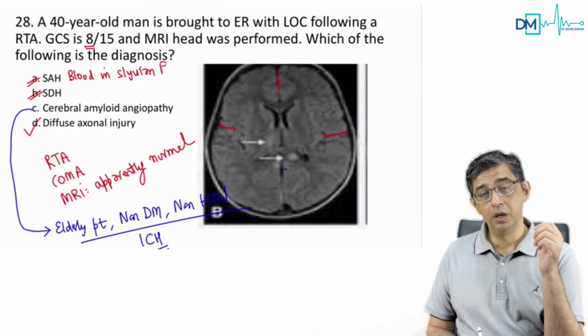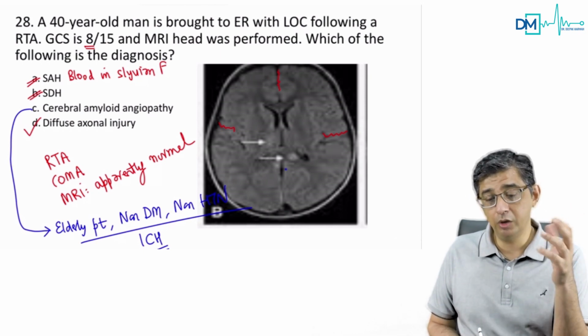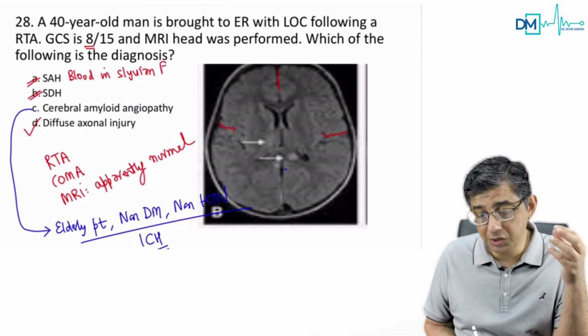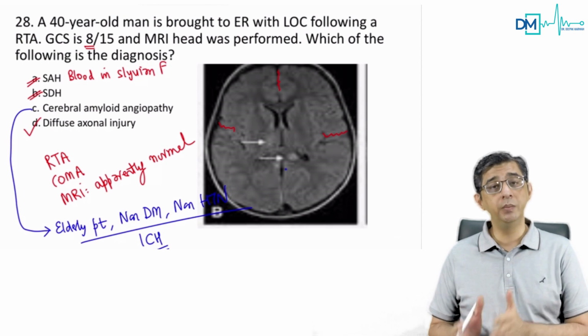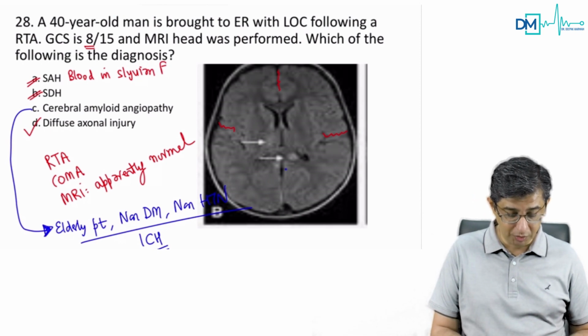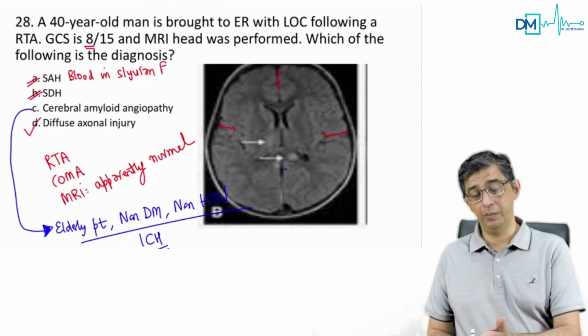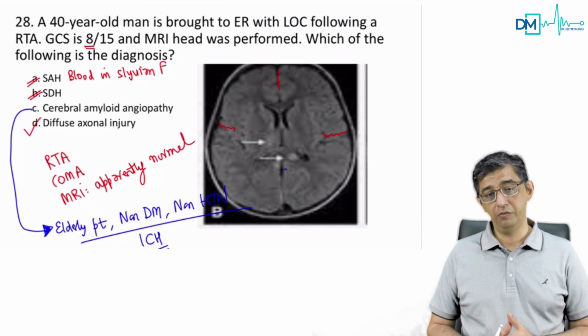What is the cause? In old age, the brain blood vessels become weak because of amyloid deposition, protein deposition in the blood vessels. That is cerebral amyloid angiopathy. So CAA is encountered in old patients with no risk factors like diabetes and hypertension who still have a brain hemorrhage. The correct answer to this would be diffuse axonal injury.